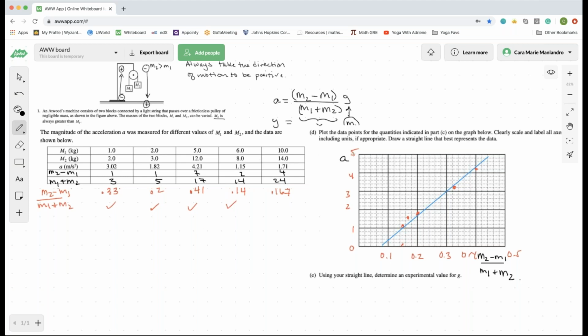Okay, now here is the tricky part. For this particular exam, they wanted a line of best fit. Does everybody know how to do that on their calculator?